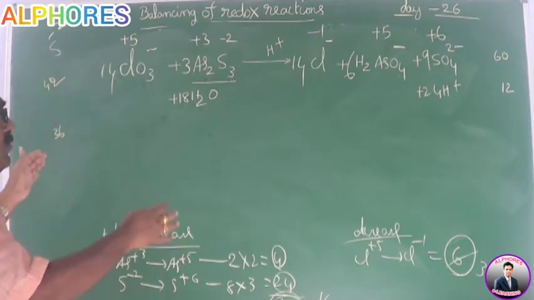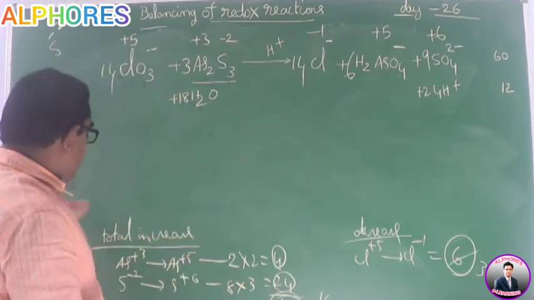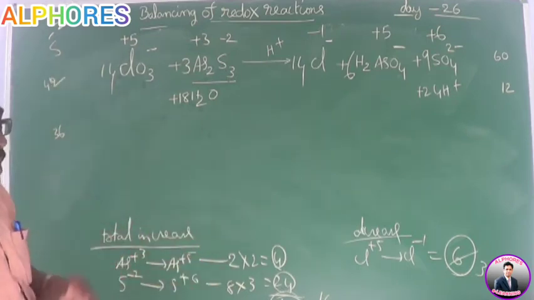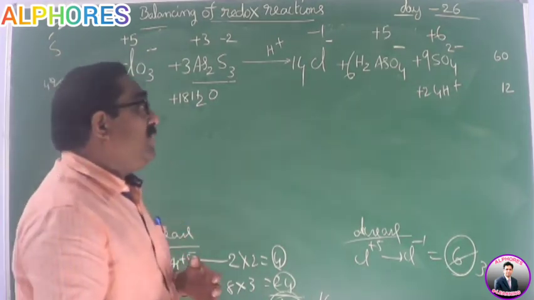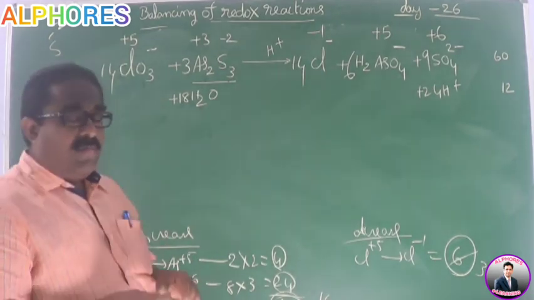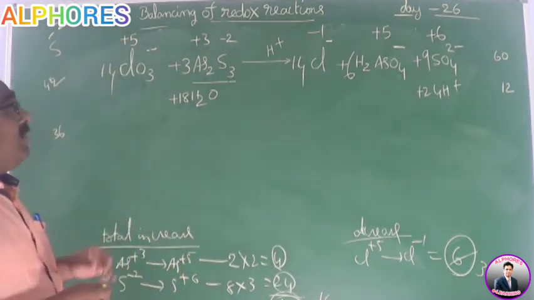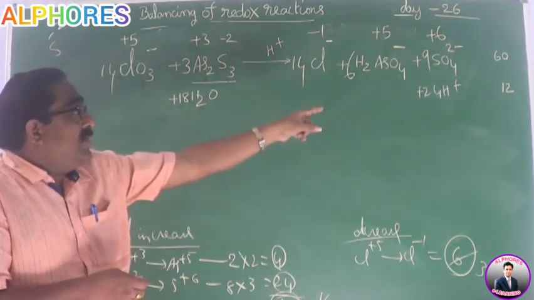What exactly I am doing here in front of you, you have to do the same in the examination hall. Sir, how will they give the questions like this? If today's exams are objective exams, yes, they will give questions like this. How many H plus ions are involved in the following redox reaction? Answer is 24.